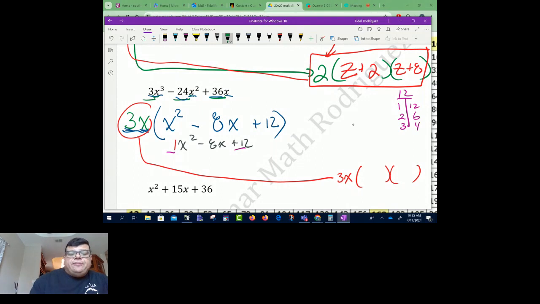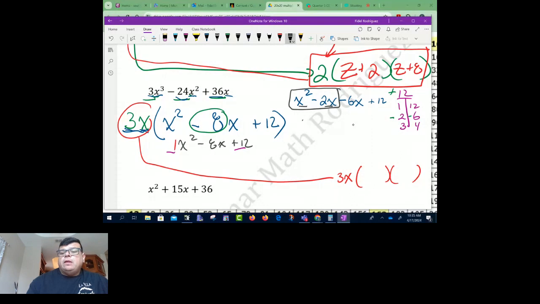We're trying to get the number negative 8. Y'all, we can make both that 2 and that 6 negative. That's still going to give me a positive 12, but that's going to add up to a minus 8. Okay. So look, let's write it like this. X squared minus 2x minus 6x and a plus 12.